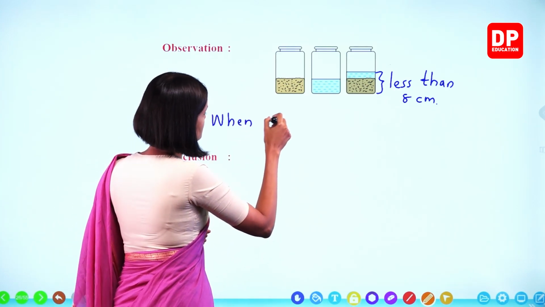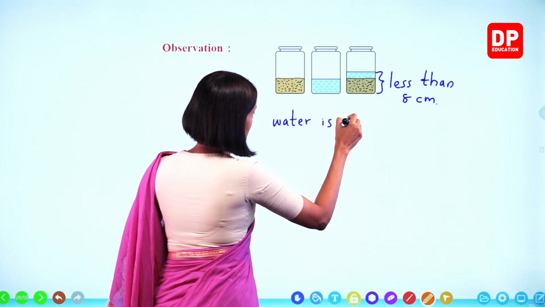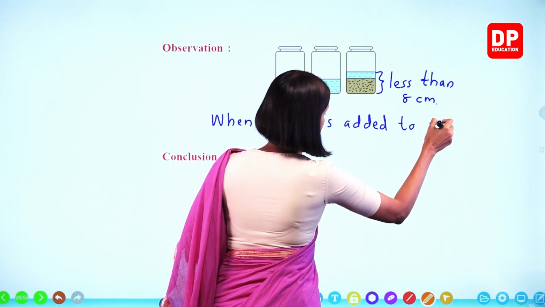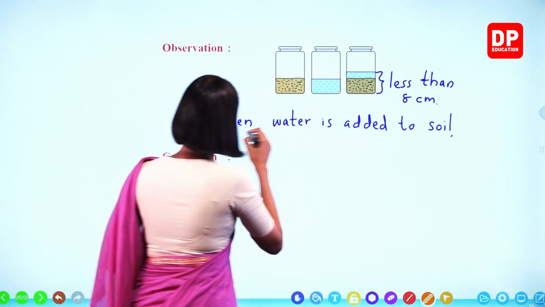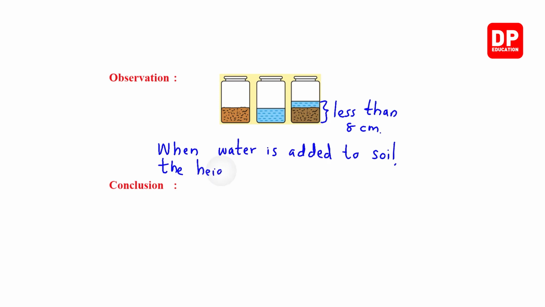When water is added to soil, the height of the mixture is less than 8 centimeters. That's the observation.